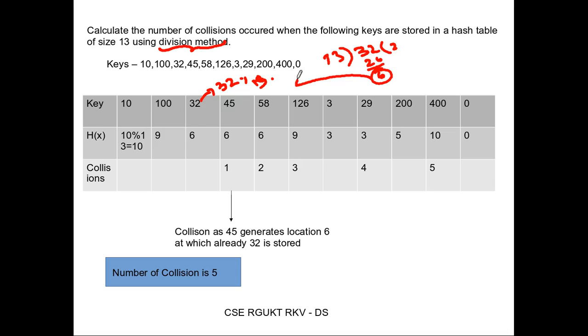Whatever remainder you get, that is what 32 percentile 13 gives. So that is what I meant by the percentile operator here. So 32 percentile 13, the table index is 6, and at index 6, 32 gets stored. 45 percentile 13 is also 6 for us.